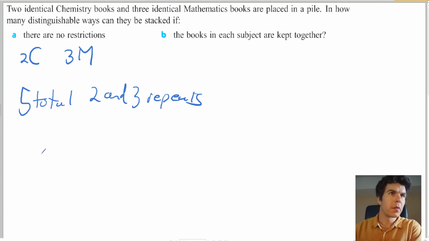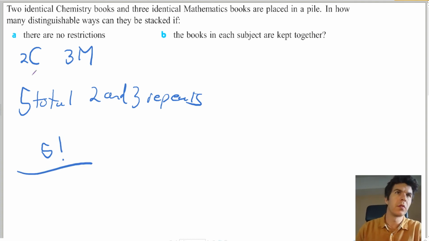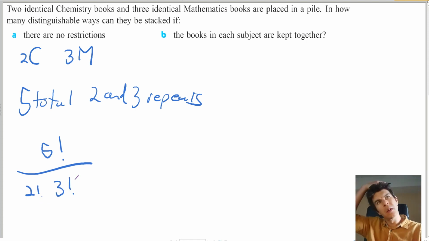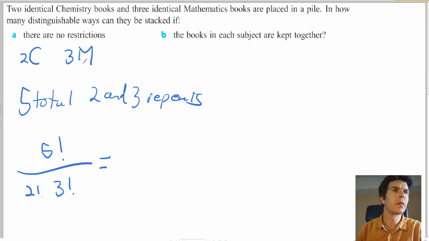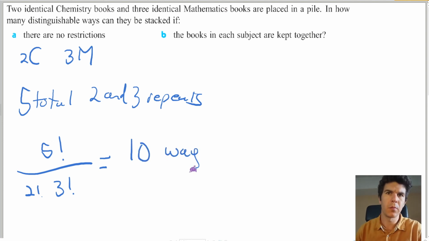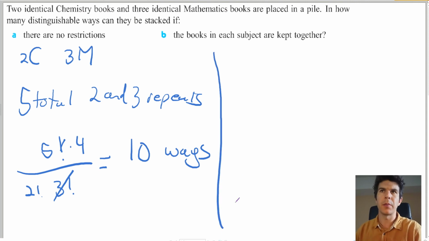So 5 factorial over 2 factorial times 3 factorial will be the total number of ways, just putting your repeats on the bottom, which will be 5 times 4 over 2, 20 over 2, 10 ways.